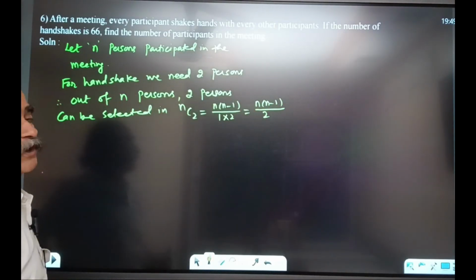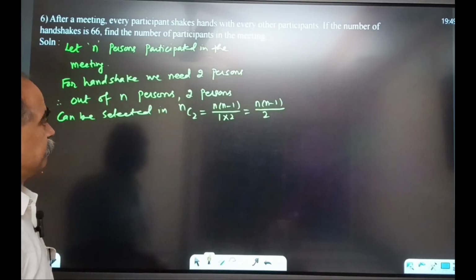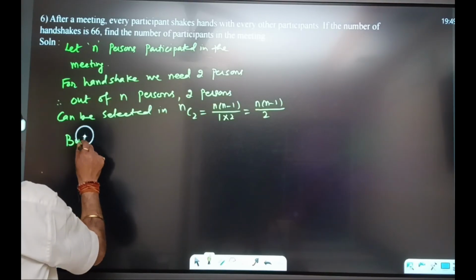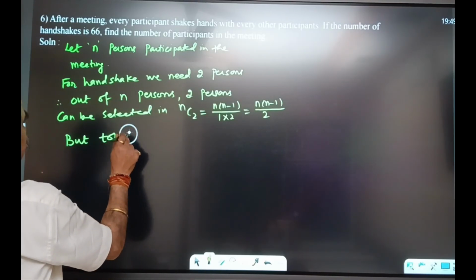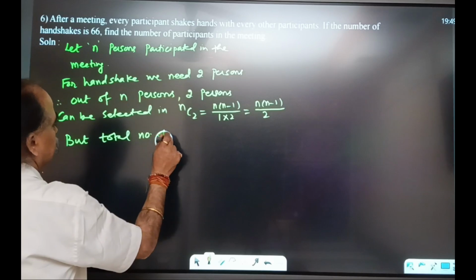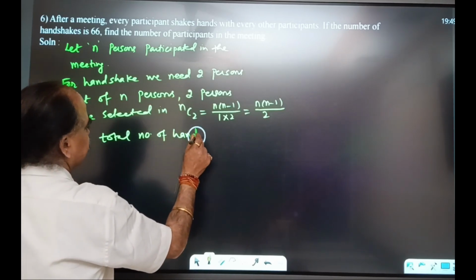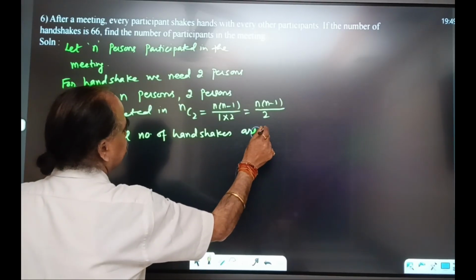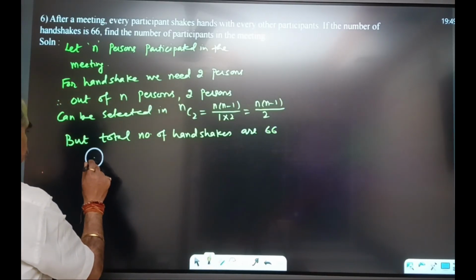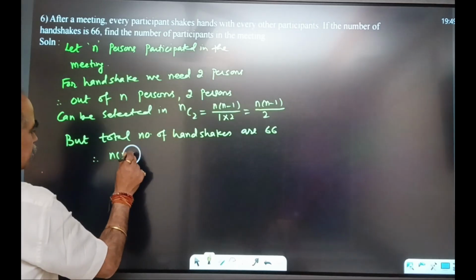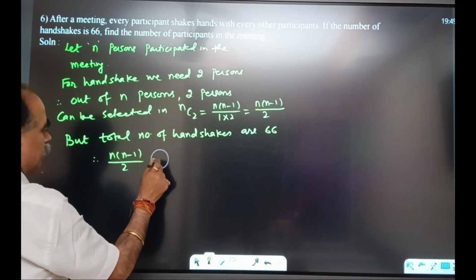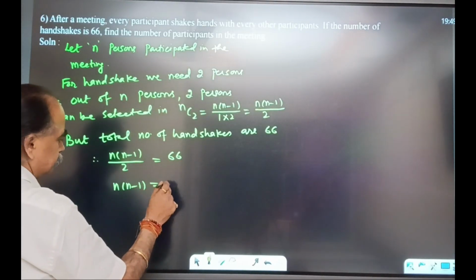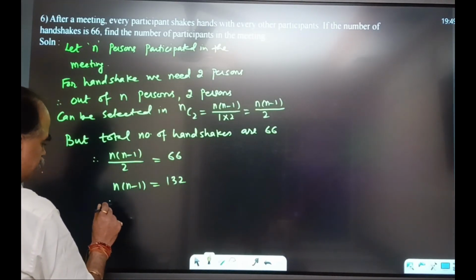So that many handshakes took place, but according to the problem, the number of handshakes is 66. So n into n minus 1 upon 2 equals 66, so n into n minus 1 is 132.